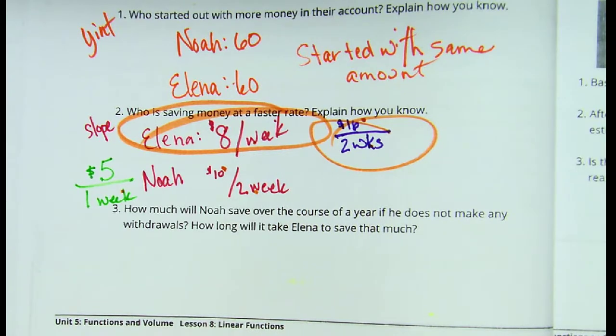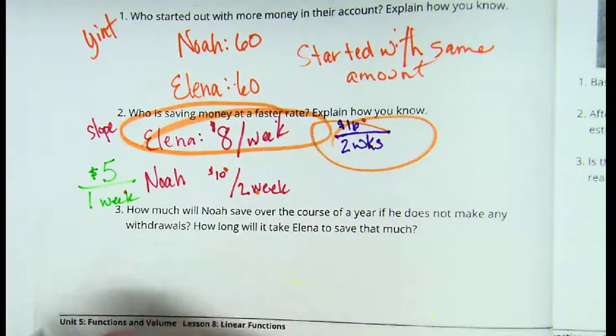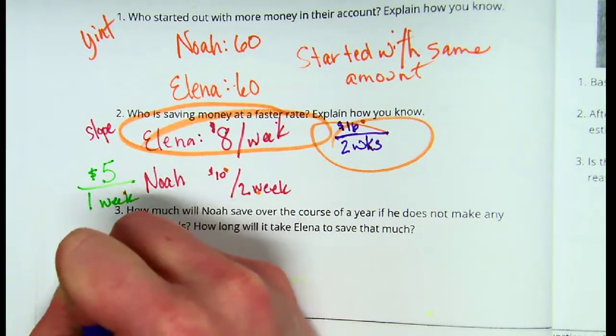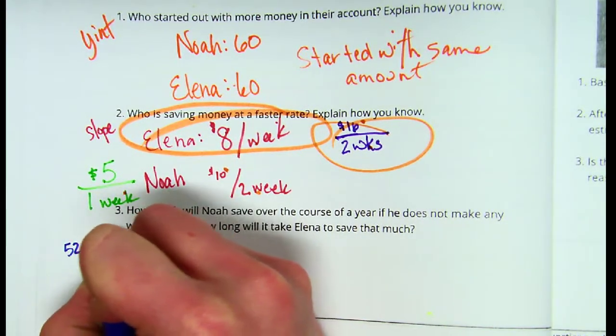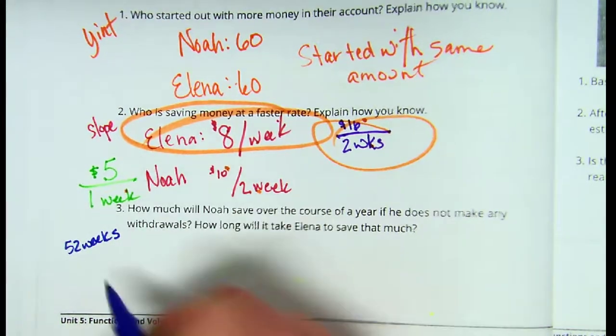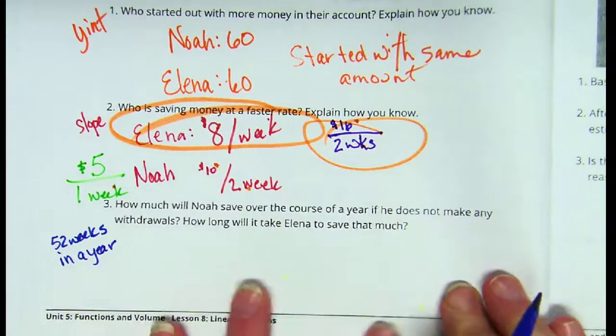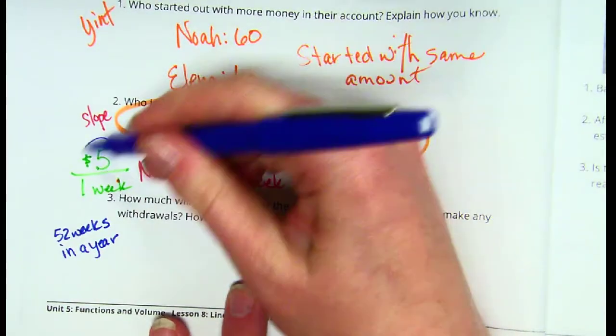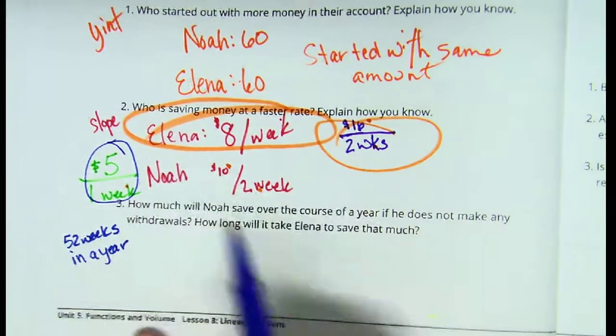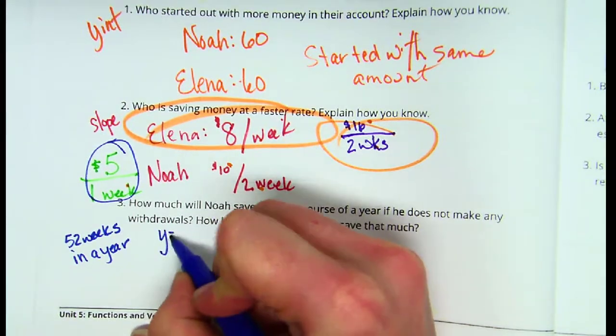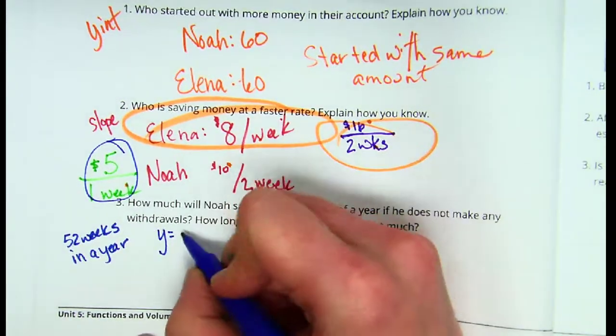How much is Noah going to save over the course of a year? All right, first you need to know there's 52 weeks in a year. I haven't encountered many students who know that. Then you need to take his equation. His equation is he will have this much saved.